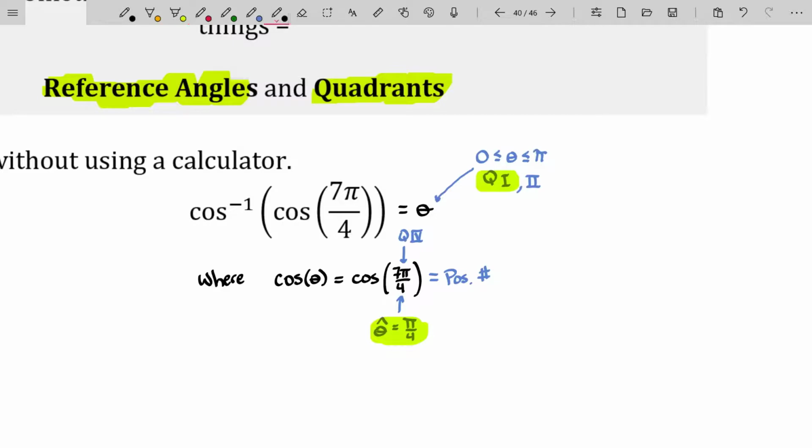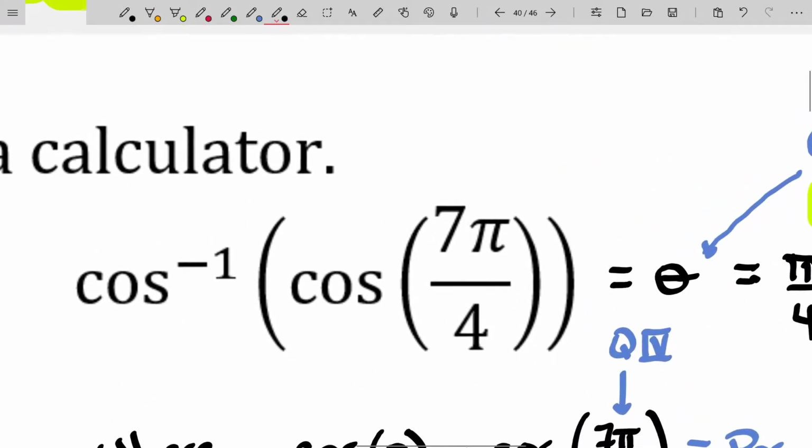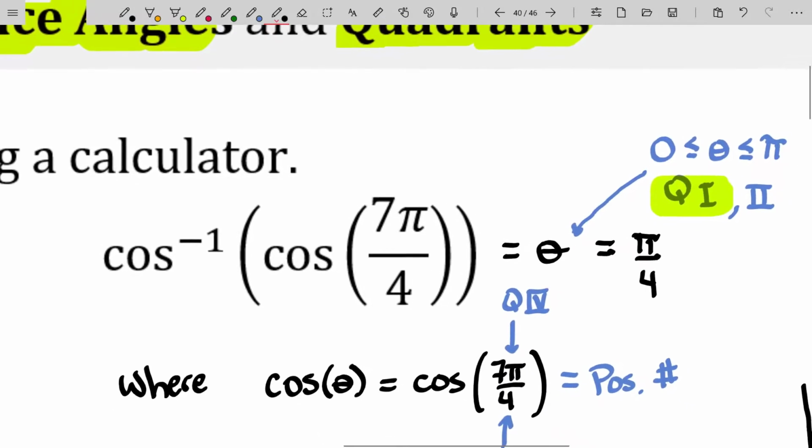And so the answer is pi over 4. Notice it did not return 7 pi over 4, because the cosine inverse cannot return an angle that large.